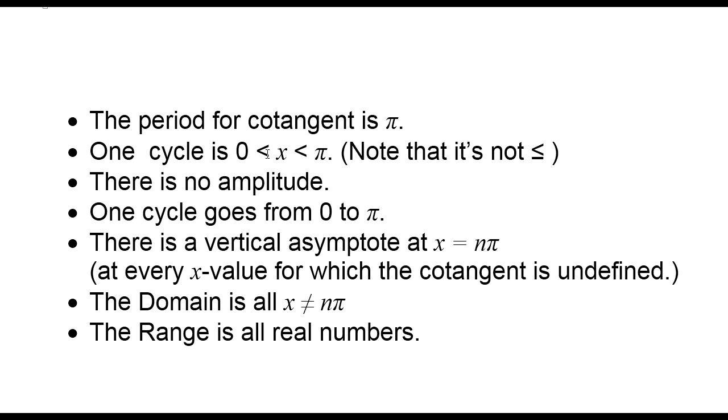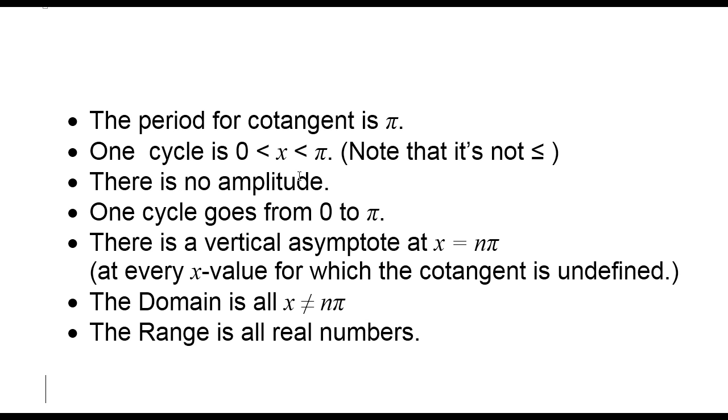Now notice I don't have an equal bar under here because of the asymptotes at 0 and pi. There's no amplitude. We're going to talk about that in a second. One cycle goes from 0 to pi. There's a vertical asymptote at all multiples of pi because that's where cotangent is undefined. The domain is all x's that are not multiples of pi, and the range is all real numbers.